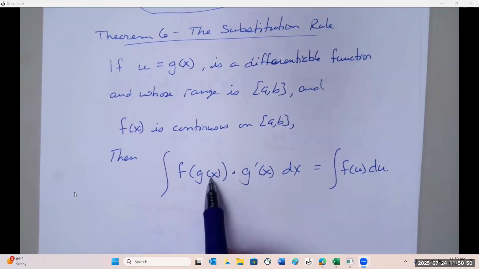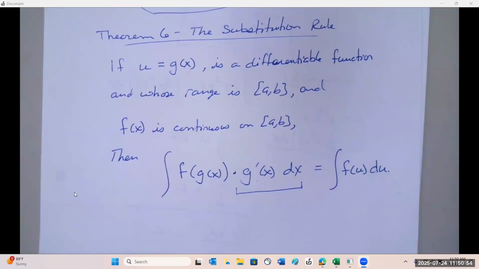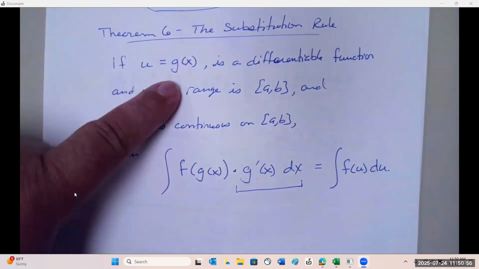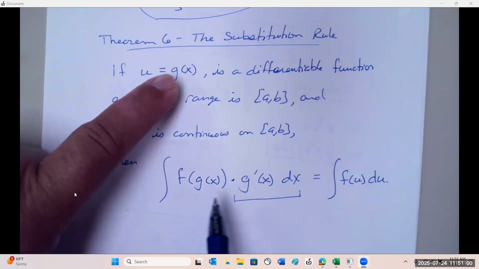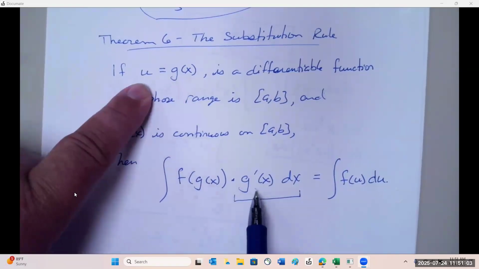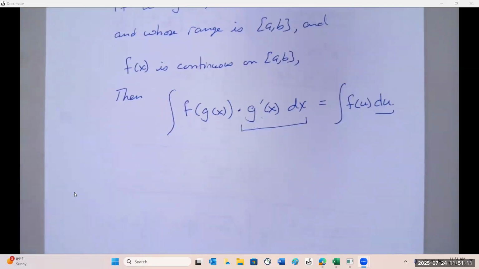We have the outside function, and take the derivative of the inside function. Remember, if u is g of x, then g prime would be u prime, which is du. Let's look at an example here.